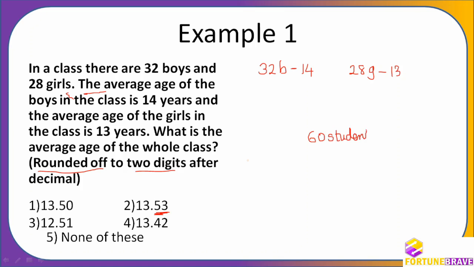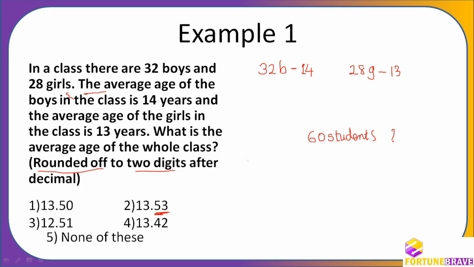You have to find the average of 60 students. Now how do you do it? You can use the sum method, which is easier, but if you use your intelligence you can solve it much faster with the equal distribution method. First we'll do the sum method and then we'll go to the equal distribution method.